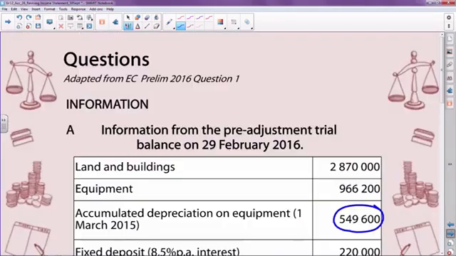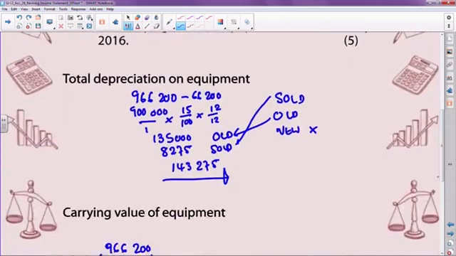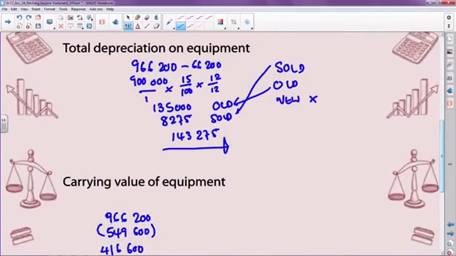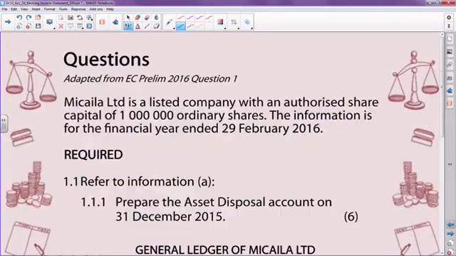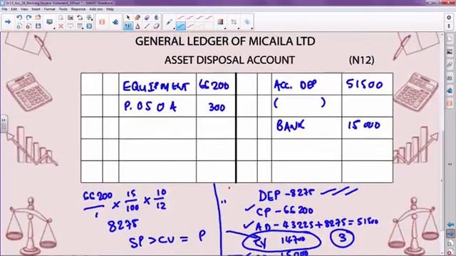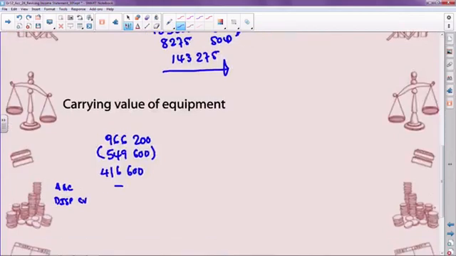So 14,700 will be my disposals at carrying value. Remember, I sold that particular asset and the carrying value was 14,700.